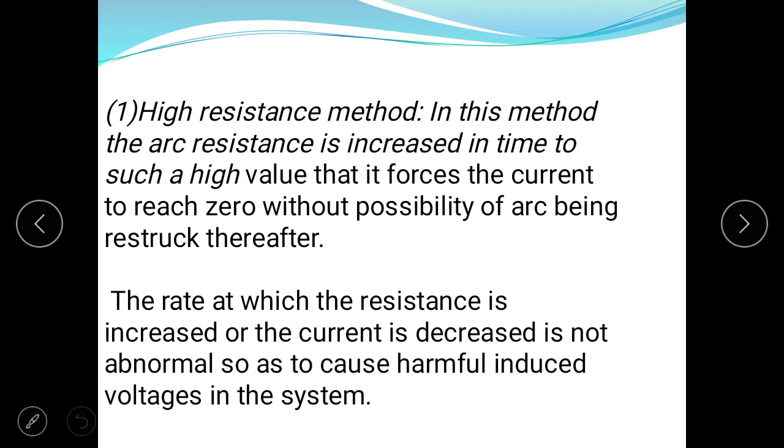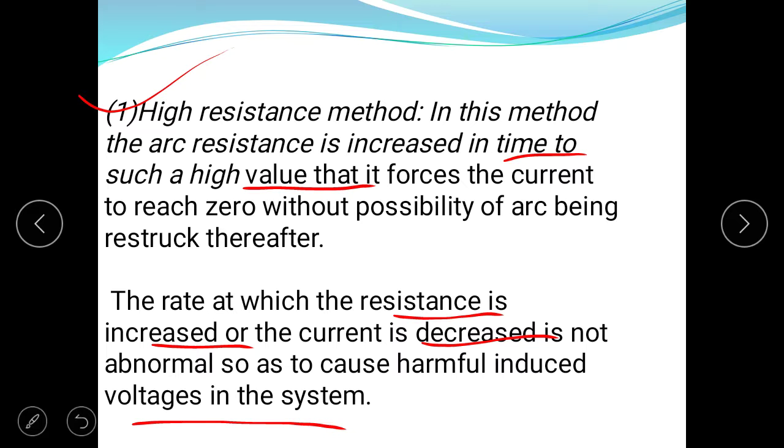So first in high resistance method, arc resistance is increased in time to such a high value that it forces the current to reach zero without possibility of arc being restricted. Therefore, the rate at which resistance is increased or the current is decreased is not abnormal so as to cause harmful induced voltage in the system.